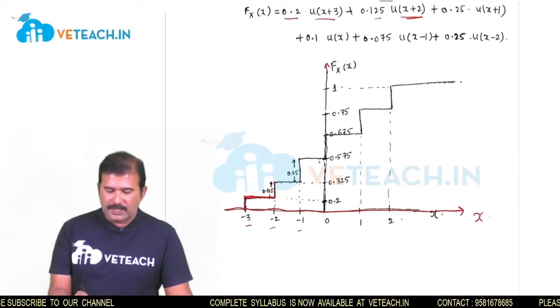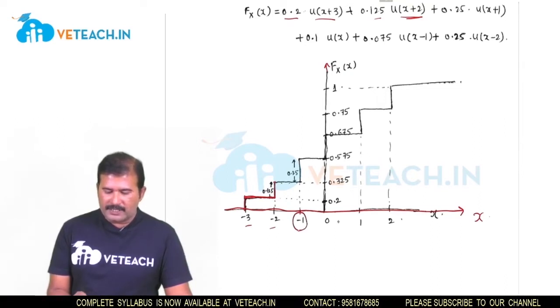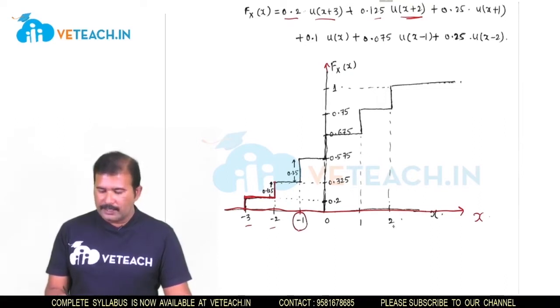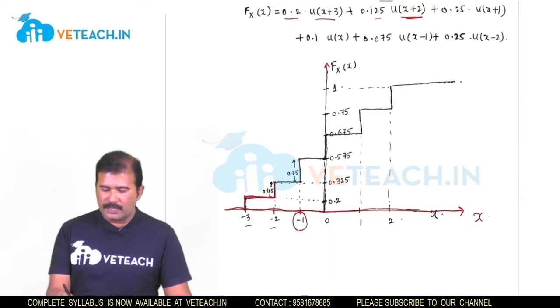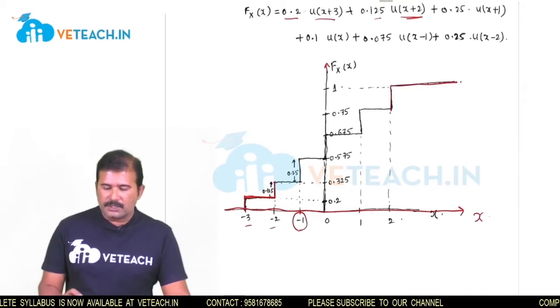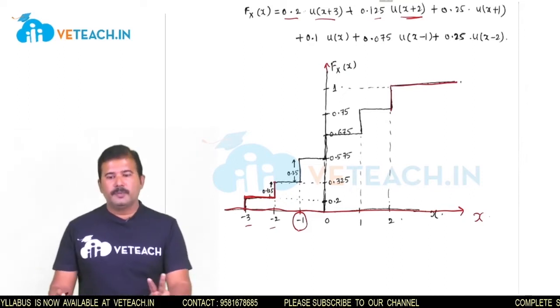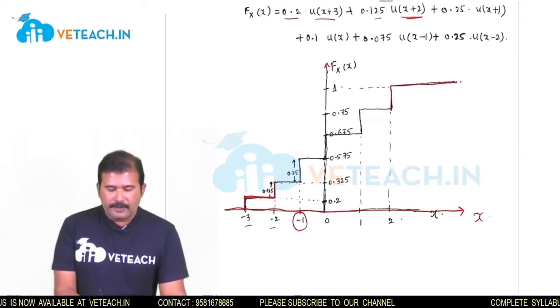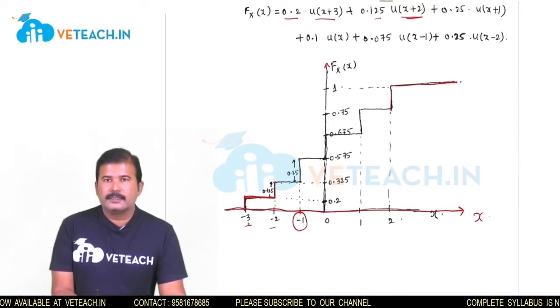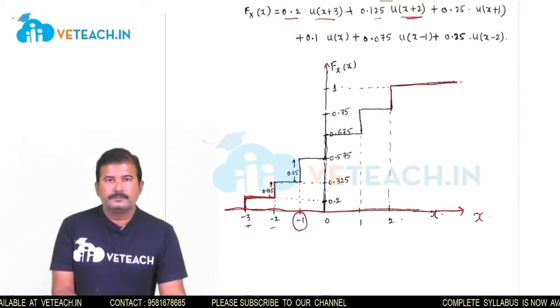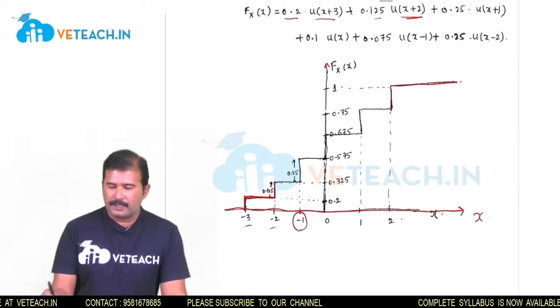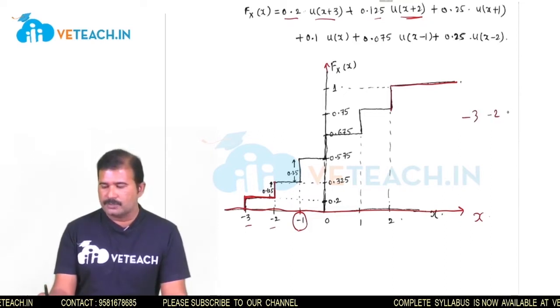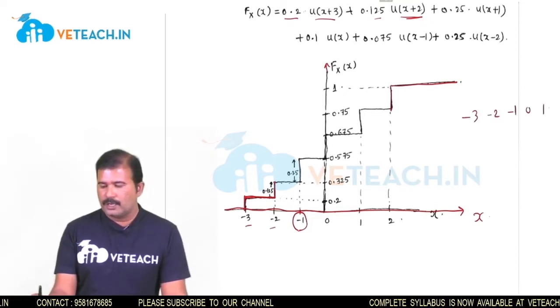Similarly, the steps occur only where the random variable has values, and finally at x equals 2, this is the step and the whole magnitude. If you observe this distribution function, you have to remember 2 points. A step occurs at each random variable value; here the random variable values are minus 3, minus 2, minus 1, 0, 1 and 2.